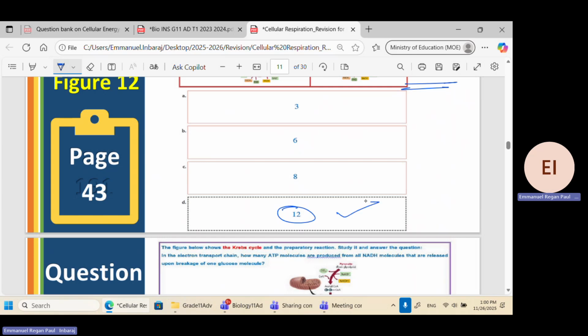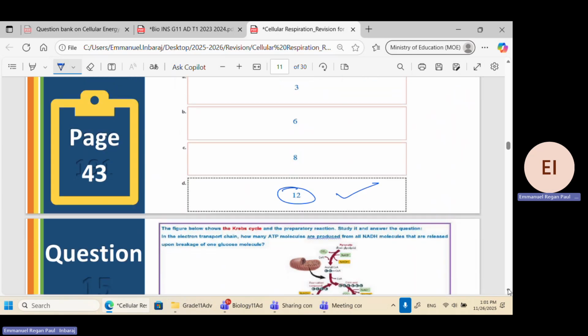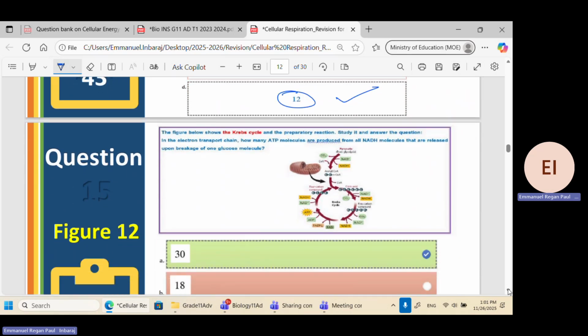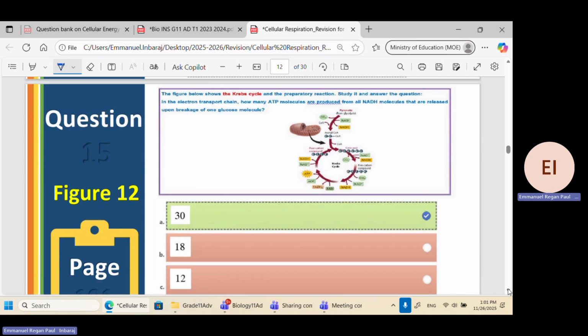This is a little confusing. You must read the question. Even when I did not read the question, I was not able to figure it out. So questions are very, very important. Reading the question: in the figure below, the Krebs cycle and the preparatory reaction, study it and answer the question. In the electron transport chain, how many ATP are produced from all NADH that are released?